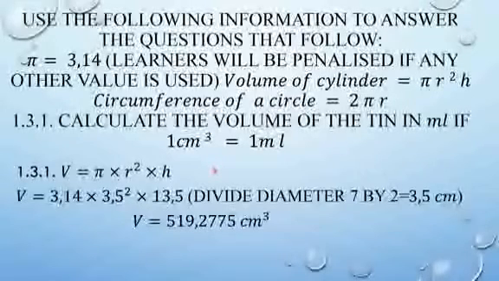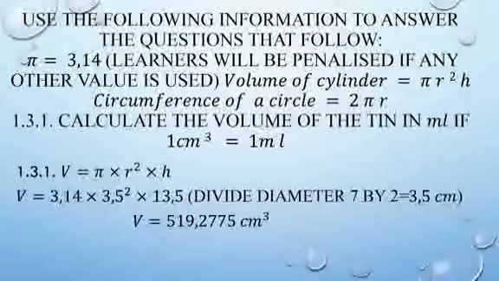I beg your pardon, centimeters. So in order to get the radius, what are you going to do? We are going to divide 7 centimeters by 2. So it's going to give us 3,5. So the volume will be 3,14 multiplied by 3,5 squared multiplied by the height. The height there is 13,5.